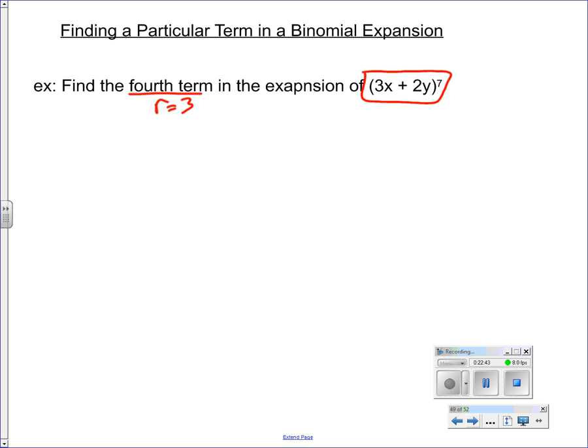Then in terms of the powers, we'd start with 3x to the 7th, then 3x to the 6th, 2y, 3x to the 5th, 2y squared, and then our fourth term would be 3x to the 4th and 2y to the 3rd.